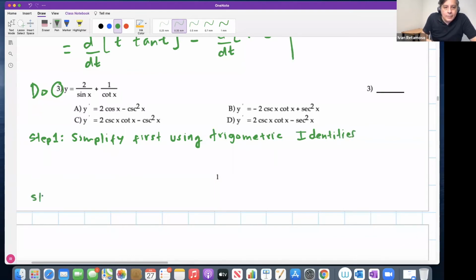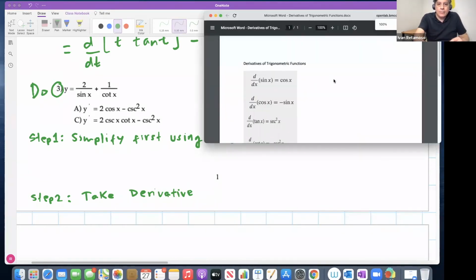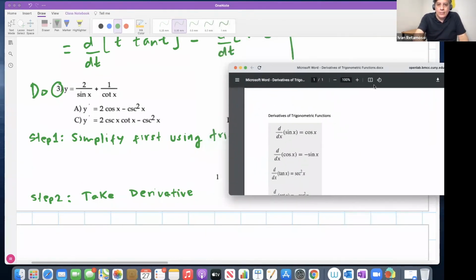And step 2, take the derivative, using your knowledge of the derivative of trigonometric functions, or by looking at this sheet here, right?